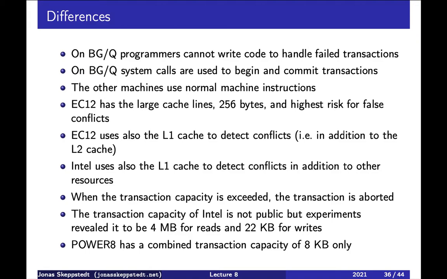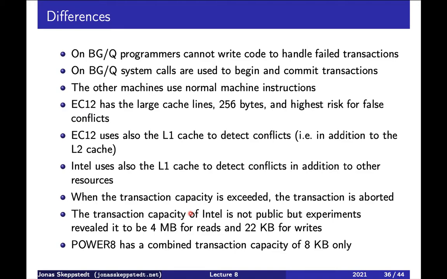both in this lecture, but also in the lecture about cache-aware programming for multi-cores. Okay, so the EC12 and the Intel both use the L1 cache to detect conflicts, and for the machines, when the transaction capacity is exceeded, the transaction is aborted, and then it matters how big this capacity is. And as we will see, the Power 8 has the smallest capacity of writing speculative state.